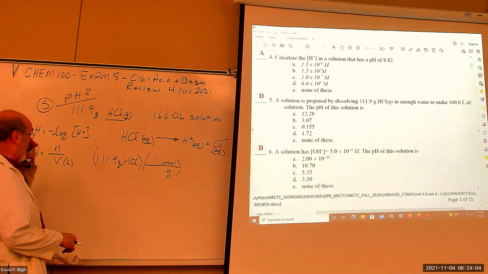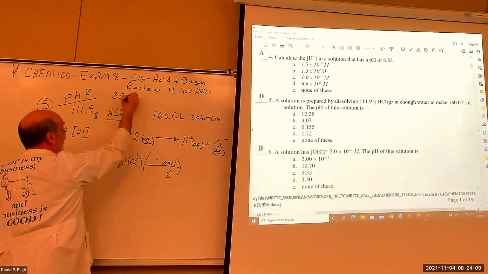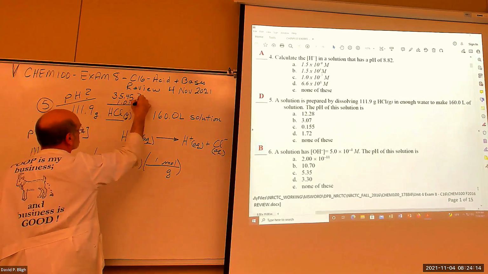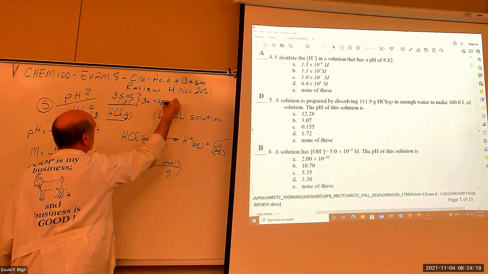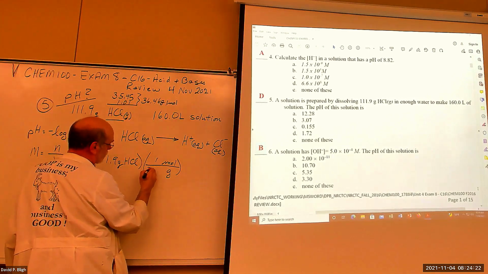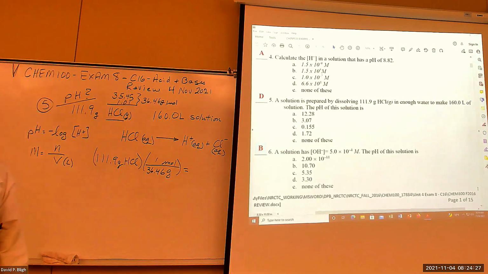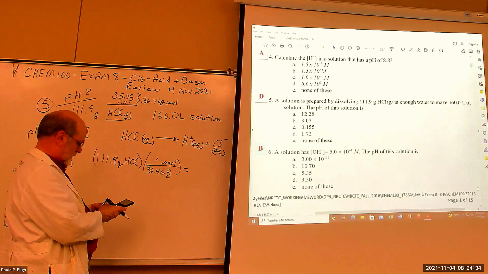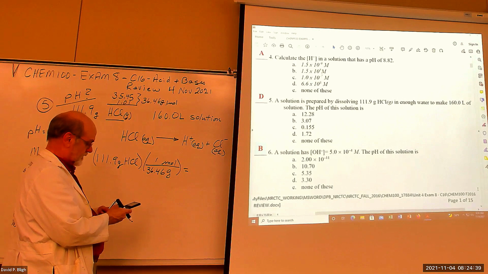So HCl would be what? Let's see, 35.45 for chlorine and 1.01 for hydrogen. So that's 36.46 grams per mole. We just put that right down here, 36.46 grams per mole. And that calculation will give us the number of moles of HCl. Let's see, 111.9, 36.46 divided.